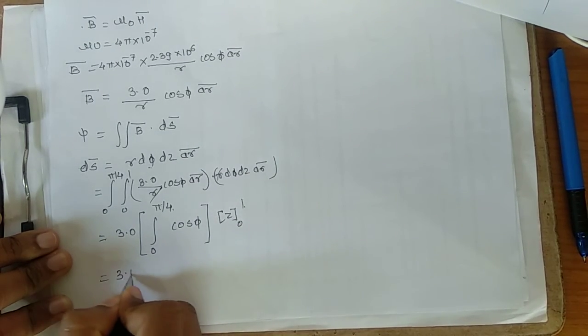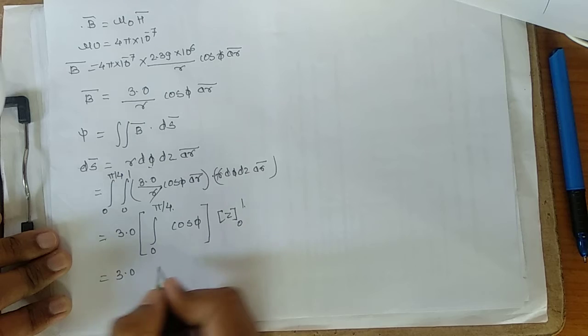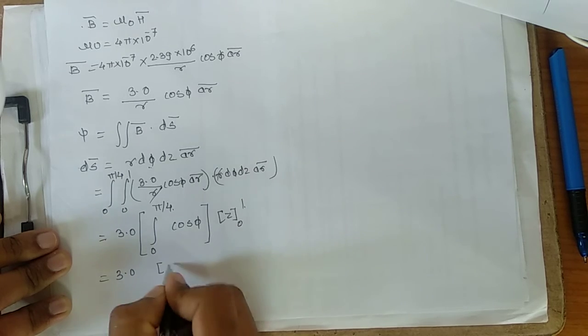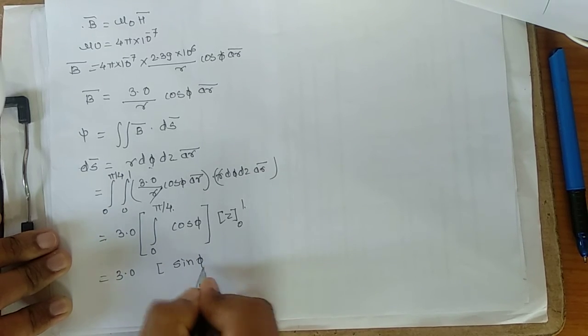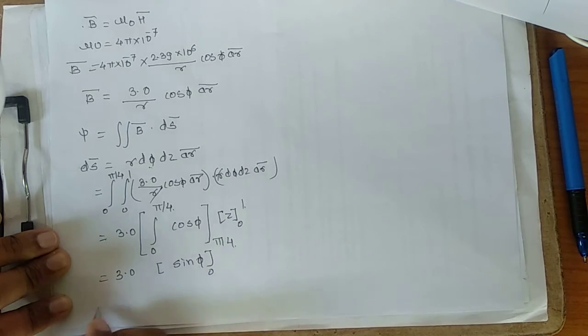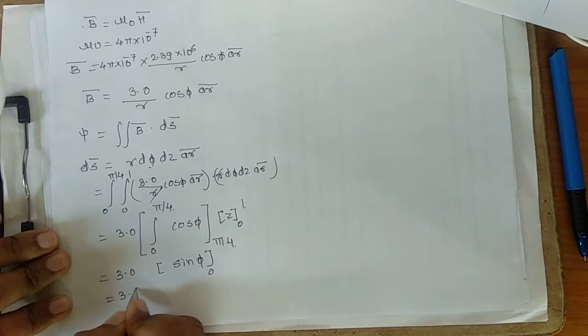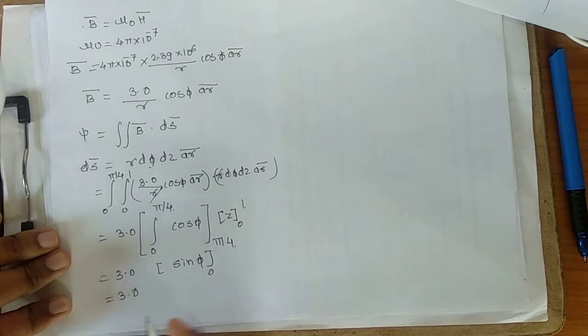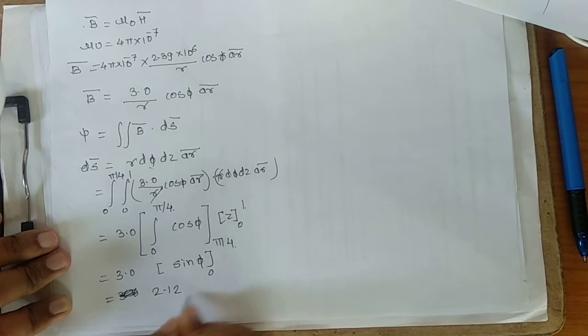So 3.0 into 1 doesn't matter. The integration of cos phi is sin phi from 0 to pi by 4. Putting in the value, 3.0 sin pi by 4, you will get the answer 2.12 Weber.